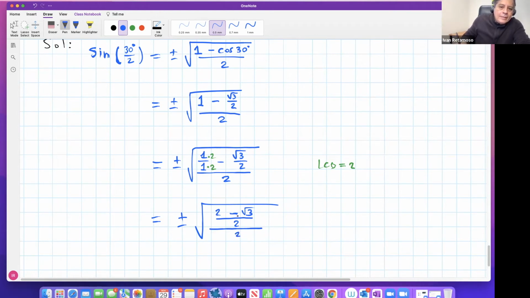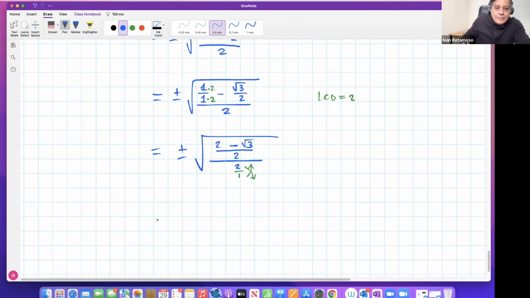But remember, guys, 2 is the same as 2 over 1, right? So dividing a fraction by another fraction is the same as multiplying this fraction by the reciprocal of this fraction, right? Yes, so you learned this in previous courses, guys. So 2 minus the square root of 3 over 2 times the reciprocal of 2, which is 1/2.